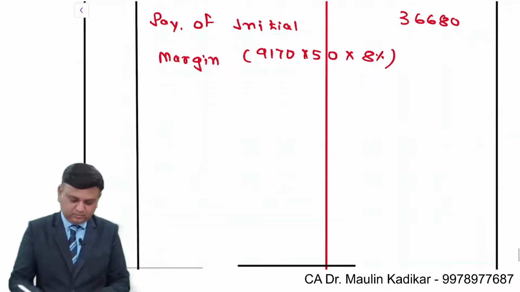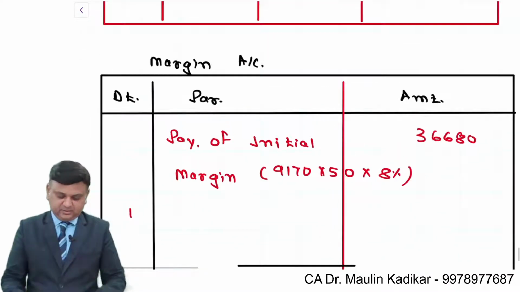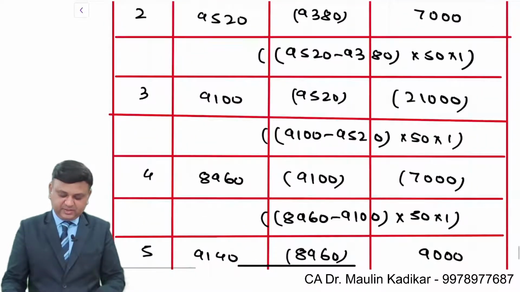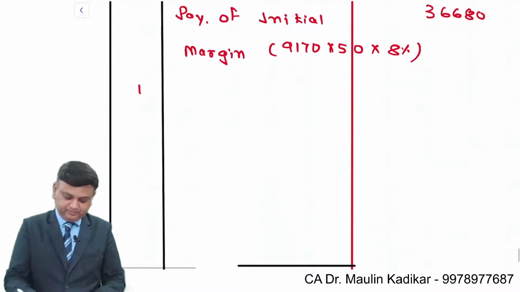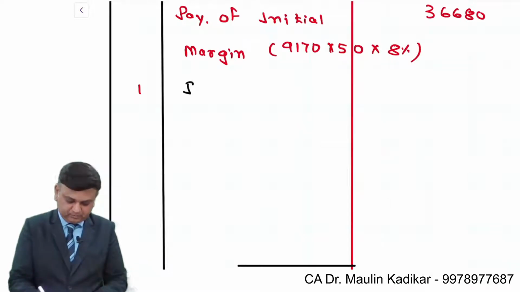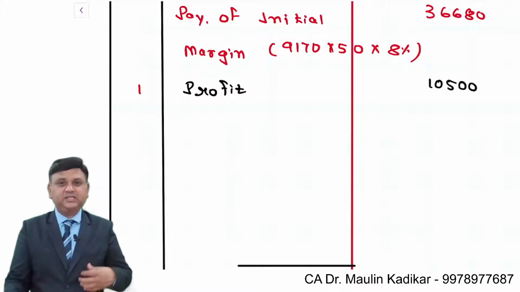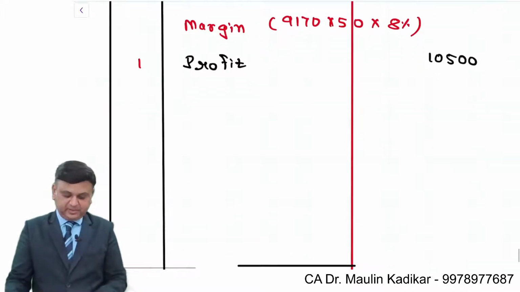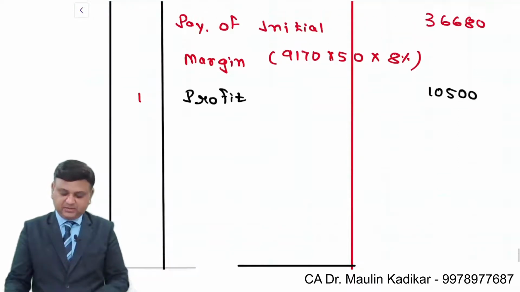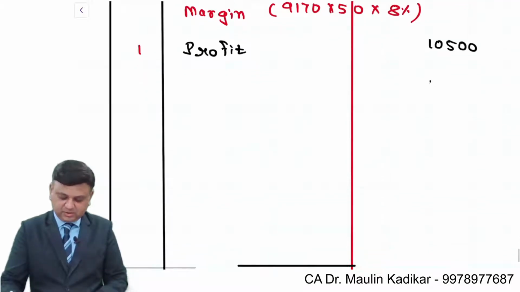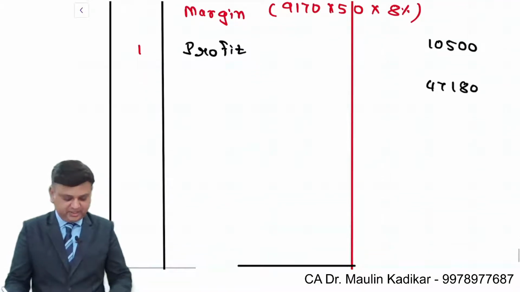Now at the end of day 1, we can see that there is a profit of 10,500. If at all there is a profit, then there is no question of payment of margin. So 36,680 plus 10,500 comes to 47,180.